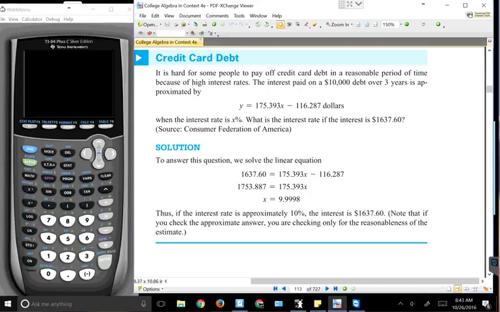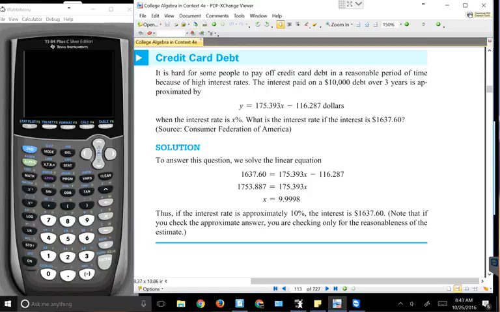It says it's hard for some people to pay off credit card debt in a reasonable period of time because of high interest rates. The interest rate paid on a $10,000 debt over 3 years is approximated by, and they give us an equation. When the interest rate is X percent, what is the interest rate if the interest is $1,637.60?